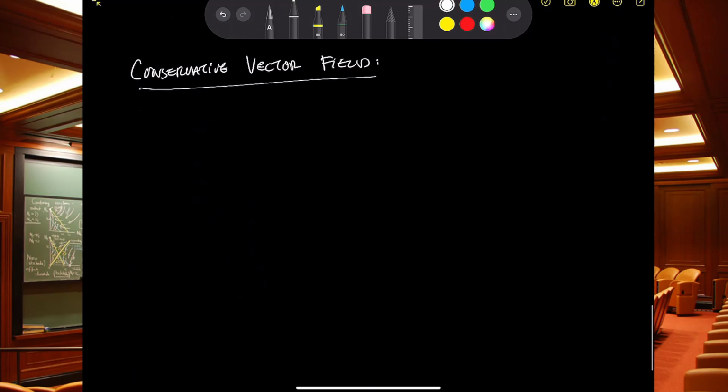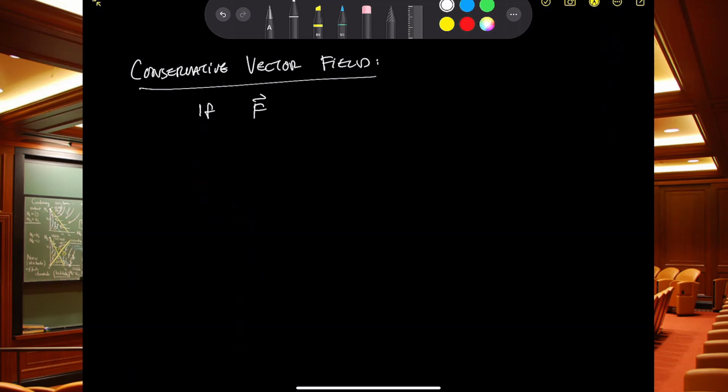Okay, and at the end of this section, we briefly mention, and we're going to expand on this when we talk about curl and divergence, but the notion of a conservative vector field. And this is really just naming two things that we already know.